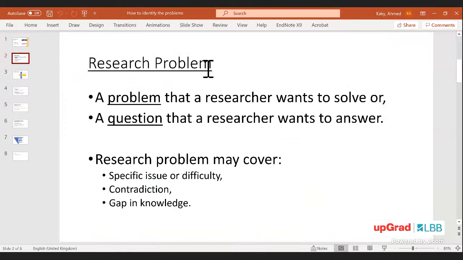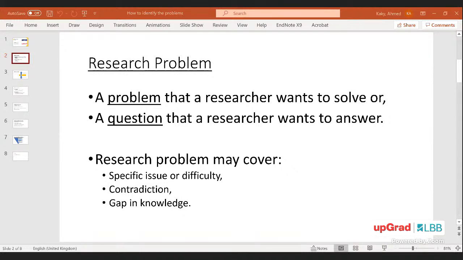Your research problem can be defined as a problem that you as a researcher want to solve, or a question that the researcher, which is you guys, want to answer. So we've got two ways of saying it. Is it a problem that you need to fix or solve, or a question that you need to answer through research?